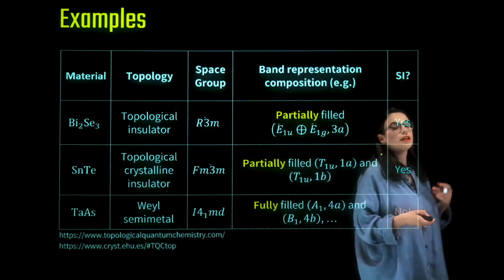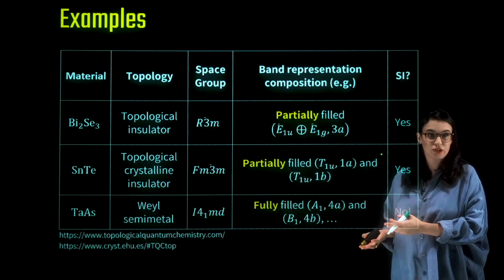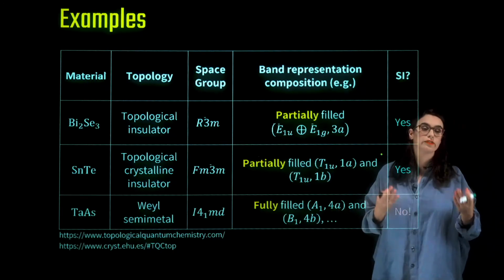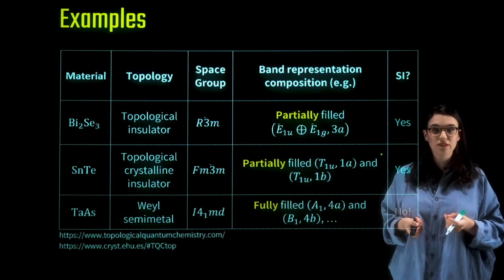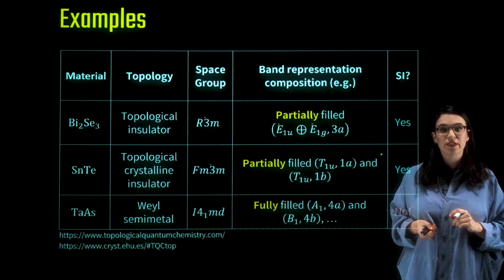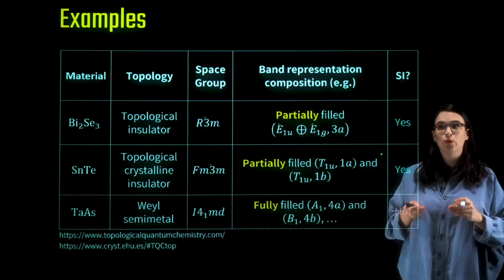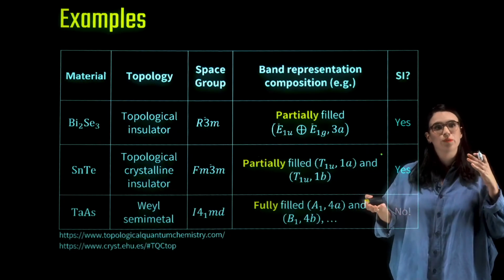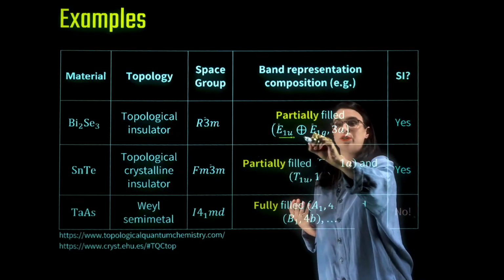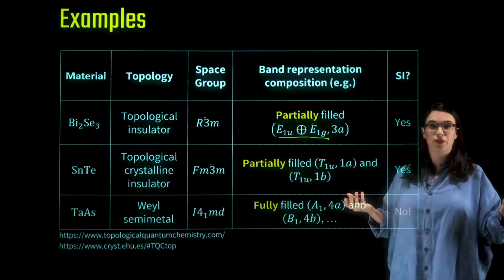So finally, let us look at the examples that you've seen in the previous lectures for real materials. For example, in bismuth selenide, which you've learned is a topological insulator, if we go and check the symmetry representations, for example on the Topological Quantum Chemistry website, we will find it to be a combination of a partially filled even and odd symmetry spinful representation in the position 3a.